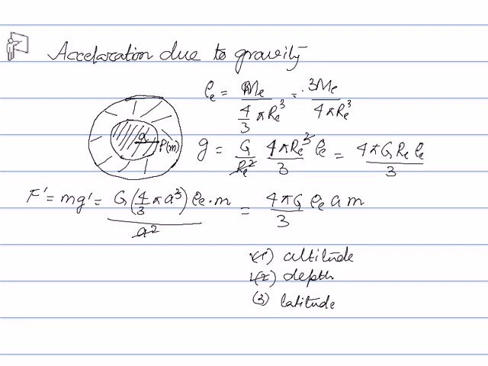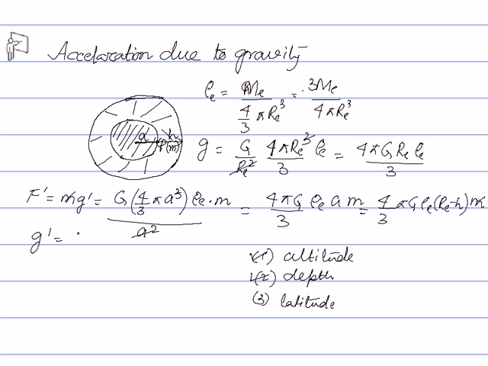Now we have considered this point mass at a depth h below the surface of Earth. So a can be substituted: a is the radius of Earth minus h. So g dash equals 4 by 3 pi G rho_e (R_E minus h), the m and m cancel out.